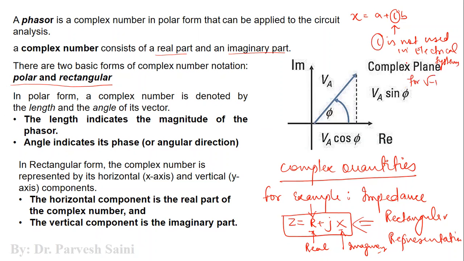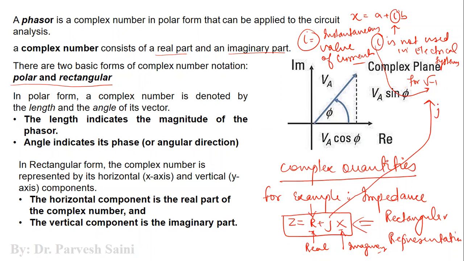So we do not use iota for the square root of minus 1 because i is used for the instantaneous value of current. So instead of using iota, we have some other component that we will discuss in our next slide, which we call the J operator.